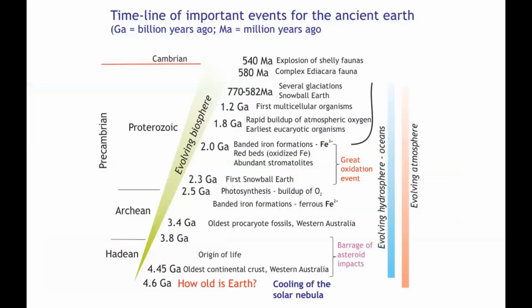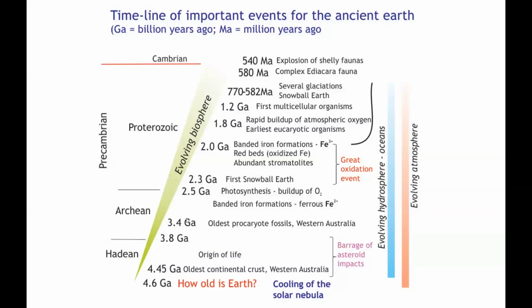Now, if we look at the overall geological history, well, the Earth is formed down here, 4.6 billion years. And then, of course, we're getting sedimentary rocks coming in the Archean. And around 3.4 billion years, we do see some apparent bacterial fossils in stromatolites in Western Australia. So the oldest stromatolites and the oldest potential fossils are around this time.